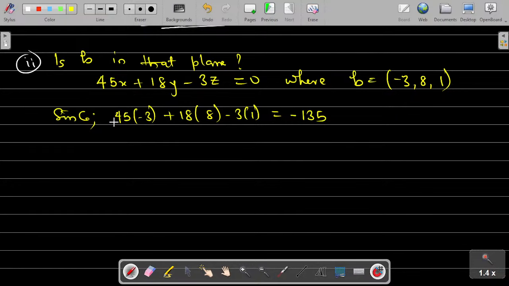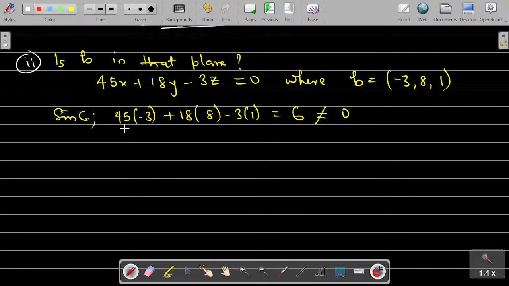Let me use a calculator to do this at once because of our time. 18 times 8 is 144, and then minus 3, then minus 135. So you see that the sum of all of that is not equal to 0. Since this is equal to 6, which is not 0, the left hand side is not equal to the right hand side.